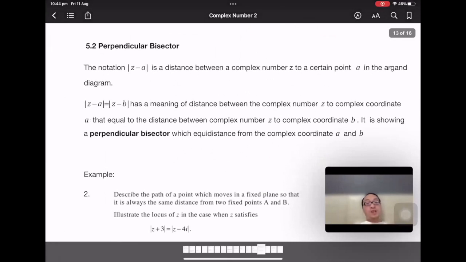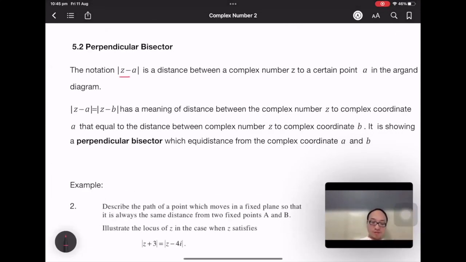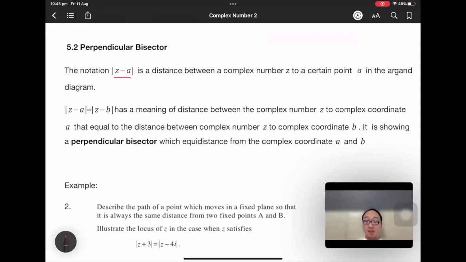The second type is perpendicular bisector. The perpendicular bisector has the same notation. Z minus A is the distance from a complex number Z to a certain point with complex coordinate A in the Argand diagram, in the complex plane.